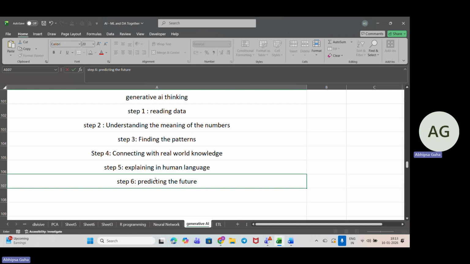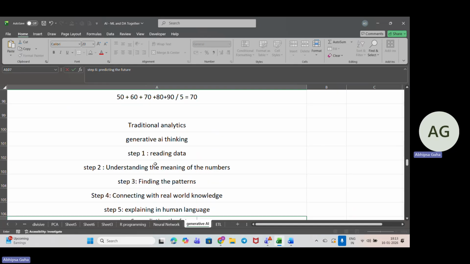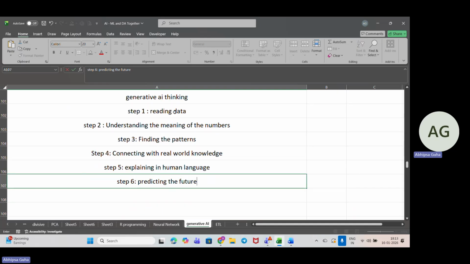So side by side, if we are comparing, I'll be getting traditional analytics. It reads the data, of course, because the first step is reading the data. Generative AI also does that. Now coming down to understanding the meaning of it. Yes, generative AI understands the meaning of it, but traditional analytics lacks the ability to understand the meaning.